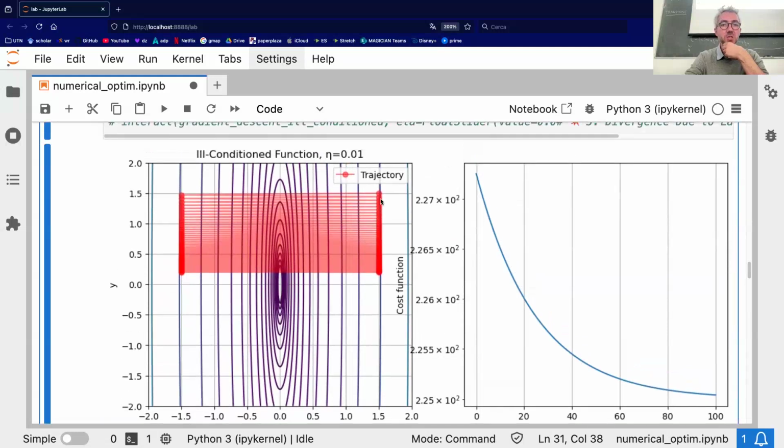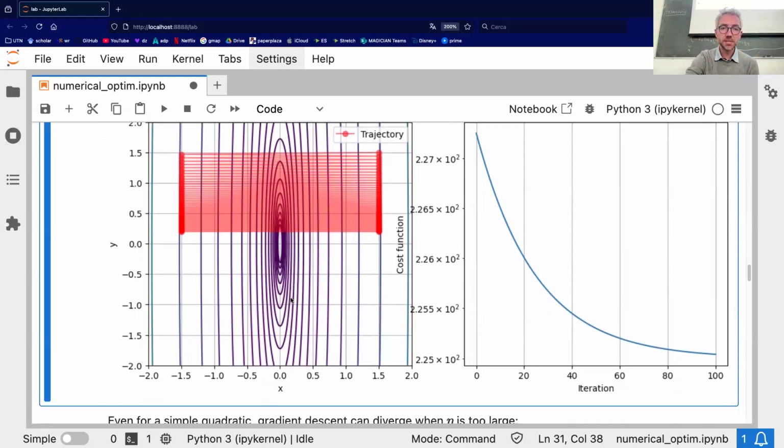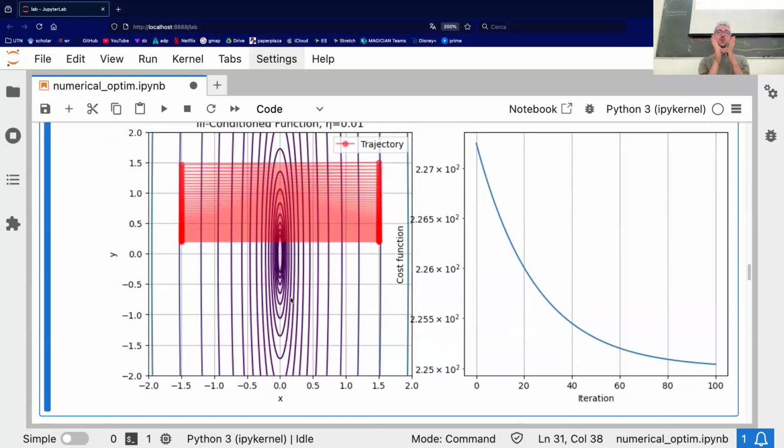And we can see what's going on in 2D space. So what you're seeing here are the level curves of this function. And we can see that this function, even though it's quadratic, the level curves are not at all circular.